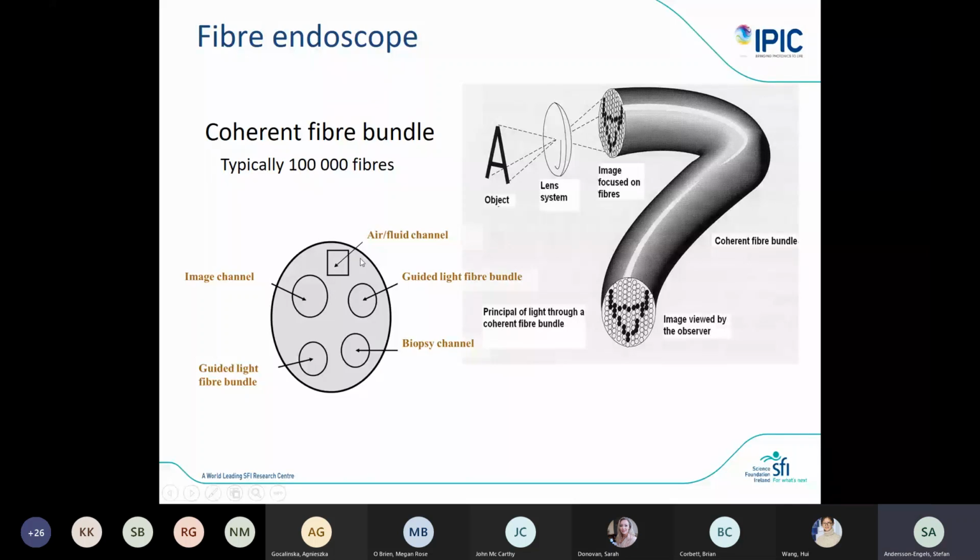Then you also have an airflow channel where you can make sure it is clean just in front of the endoscope. So that's conventional endoscopy. Today we are mainly using cameras at the distal end of the endoscope. This is where we are interested in working right now at Tyndall.